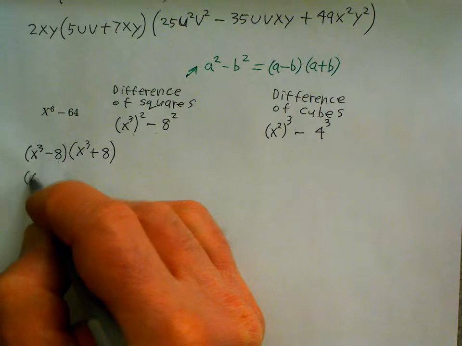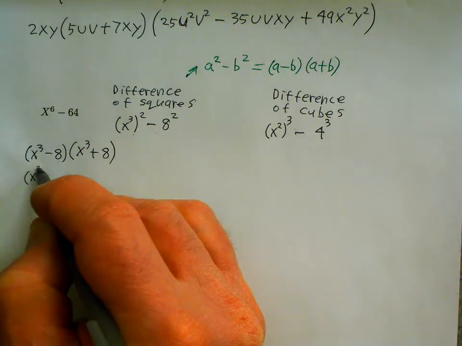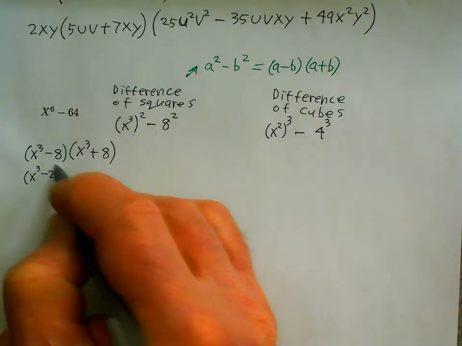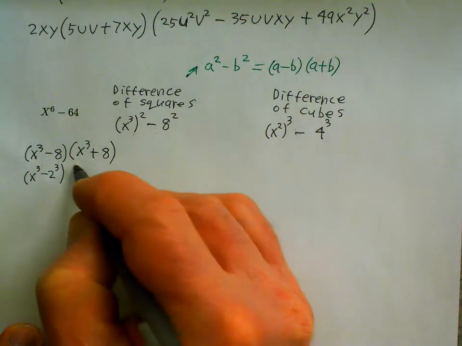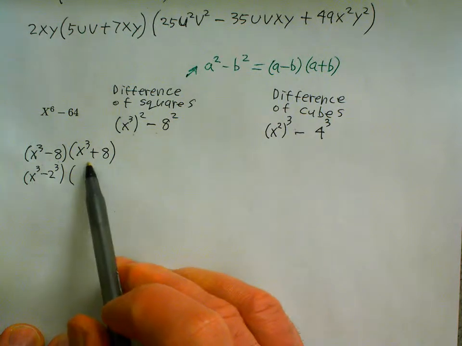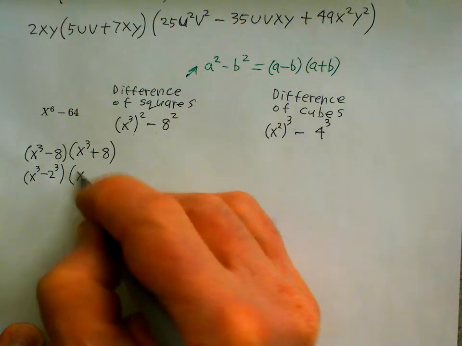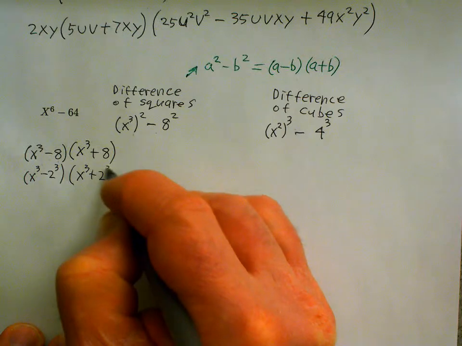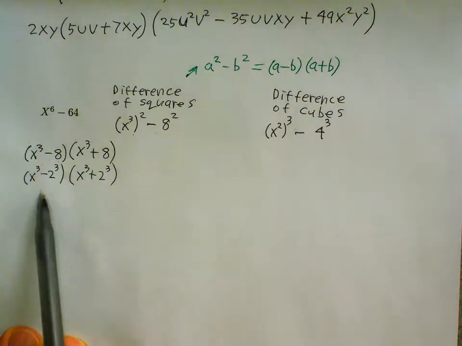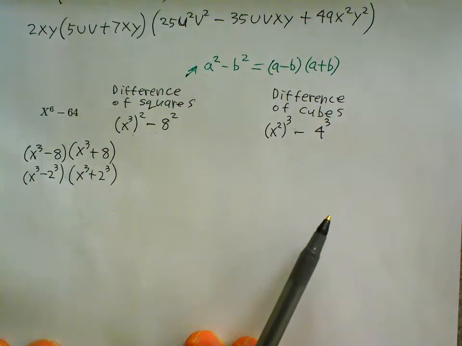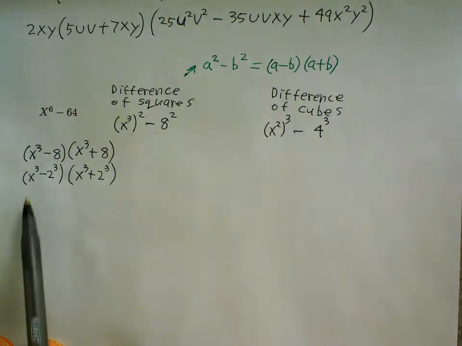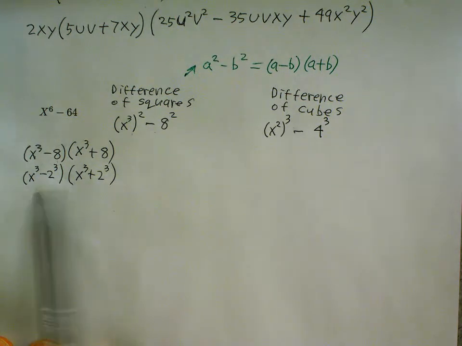So I'll rewrite x to the third minus 8 as x to the third minus 2 to the third. And then x to the third plus 8 is x to the third plus 2 to the third. So we'll factor each of those, and the complete factorization will be the factorization of those multiplied together.